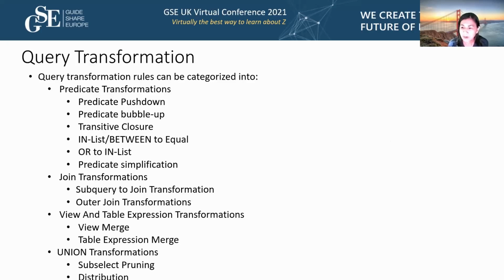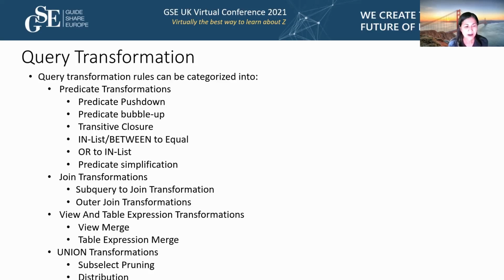So what kind of query transformations does Db2Z offer? Db2Z has many different types of query transformation. Today, I will go over predicate transformation in Db2Z. Under predicate transformation, we have predicate pushdown, predicate bubble-up, predicate transitive closure, transformation from BETWEEN predicate to equal predicate, transformation of OR predicate to IN predicate, and predicate simplification.